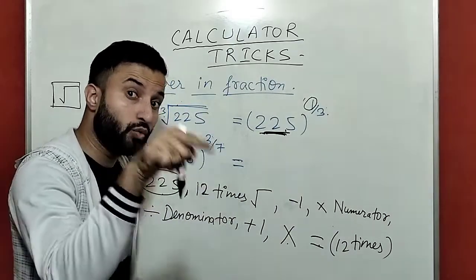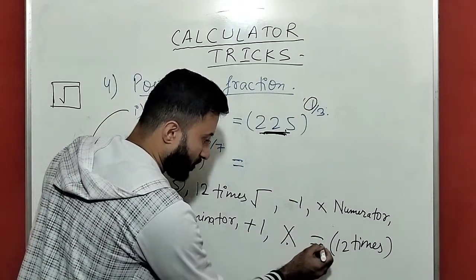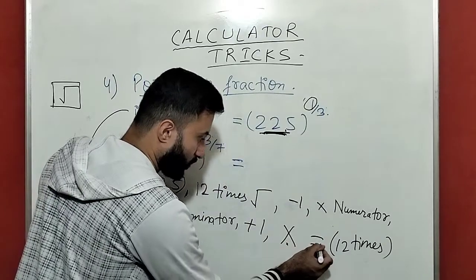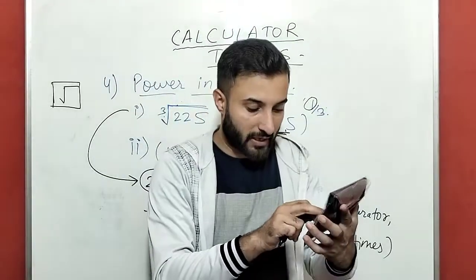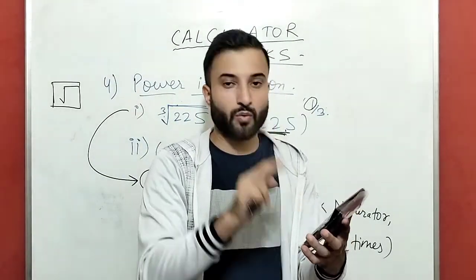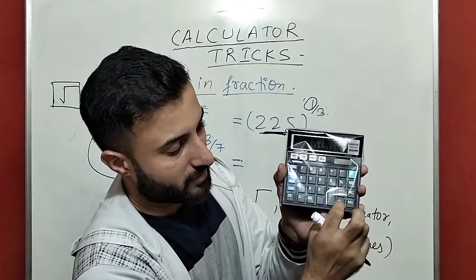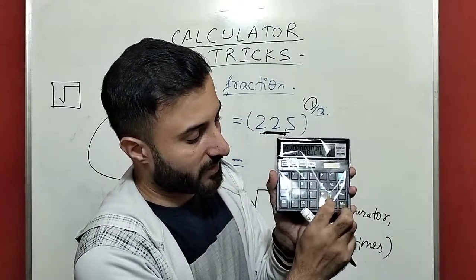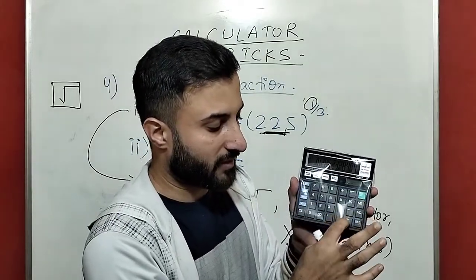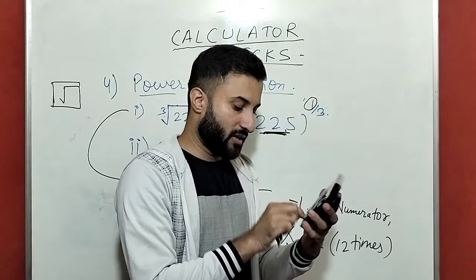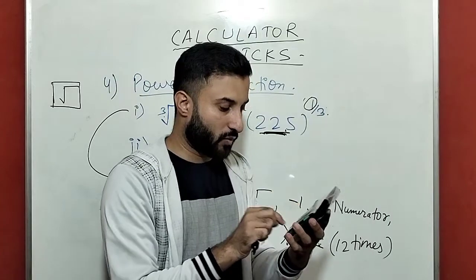You have to continue till 12 times: multiply equal 1, multiply equal 2, multiply equal 3, and so on, keep on doing up to multiply equal 12.